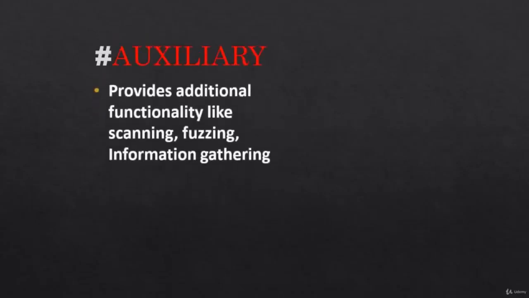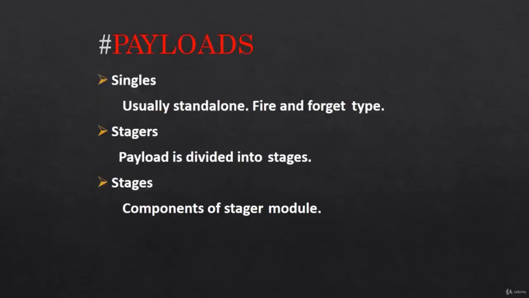Next, we have auxiliary. It provides additional functionality like scanning, fuzzing, and information gathering. Next, payload. In payloads, we have three types: singles, stagers, and stages. Singles are payloads that are self-contained and completely standalone, as simple as adding a user to the target system or running, for example, calculator.exe.